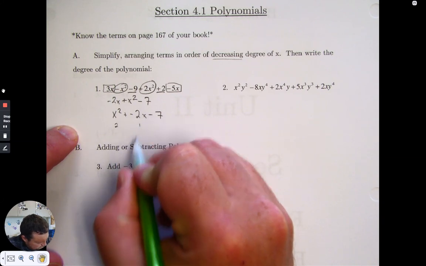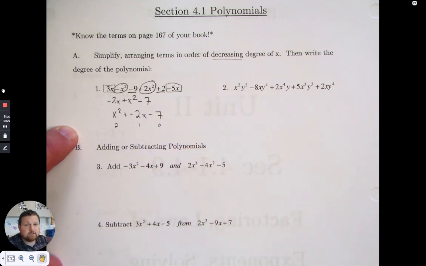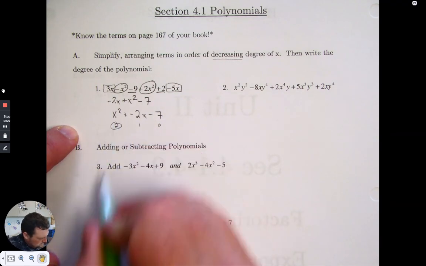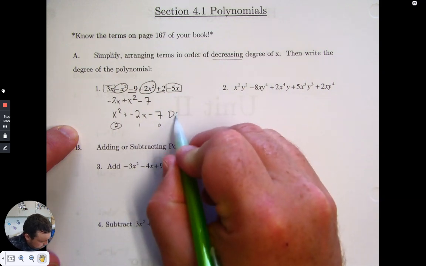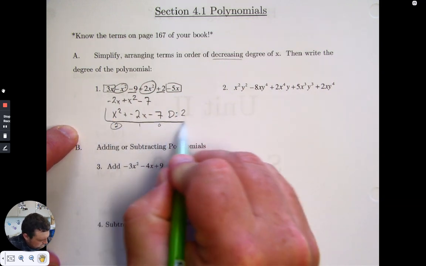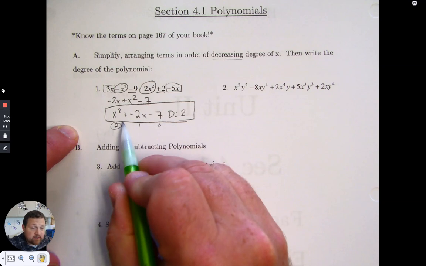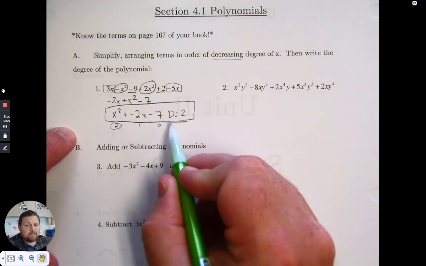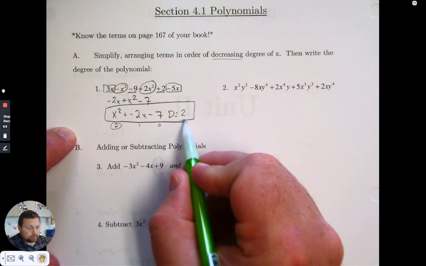The second term would be 1, and the degree of the last term would be 0 because there are no variables in it. Then it's just the biggest one. So 2 is the biggest one, so my degree would be 2. So the two parts to your answer of this type of question is x squared minus 2x minus 7, and then that the degree is 2.